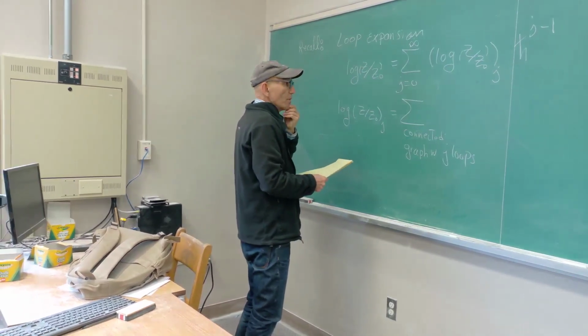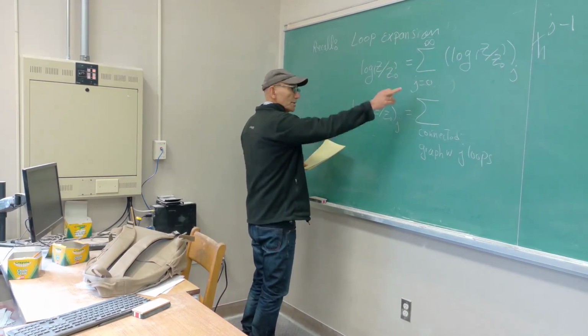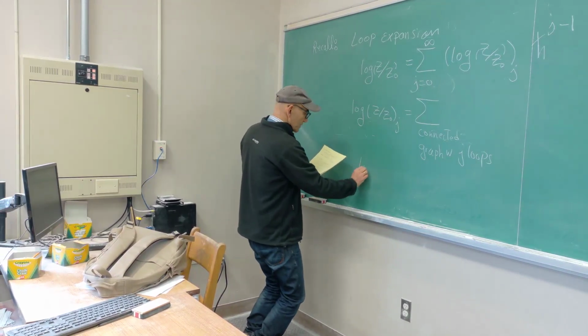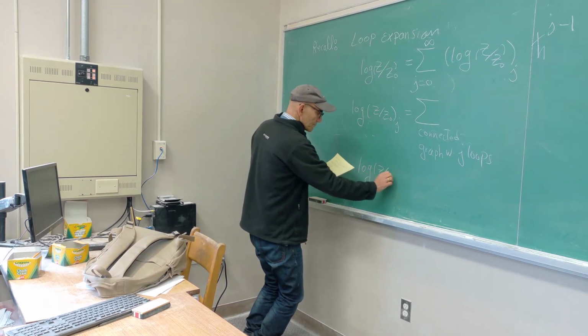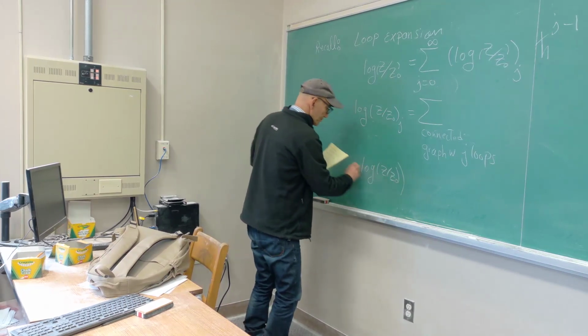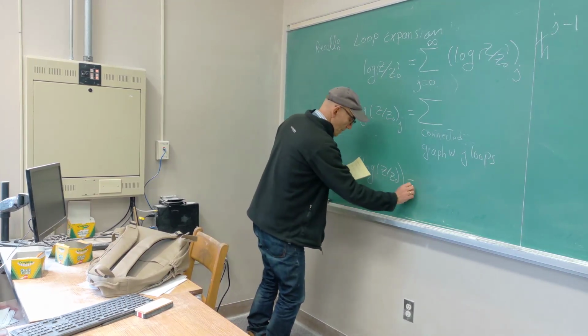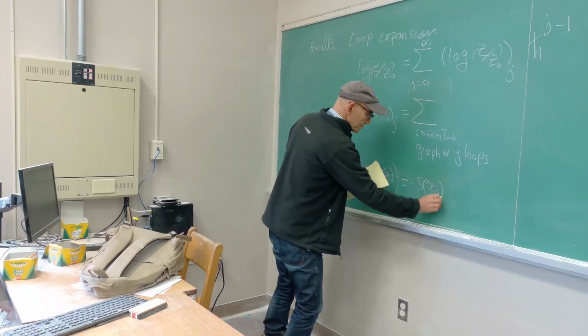We also saw that in this regard, the J equal to 0 component of log Z over Z0 is negative S of x0.